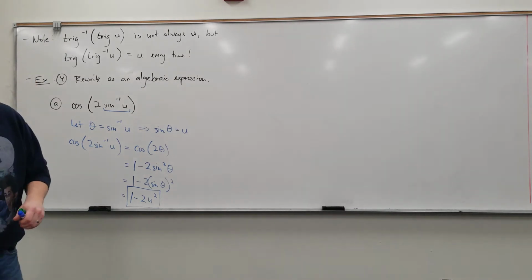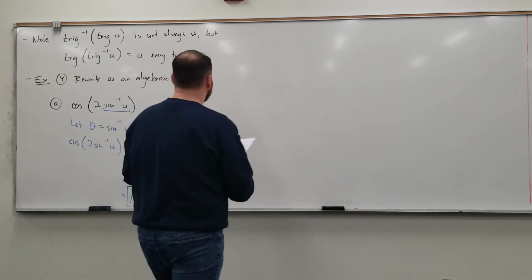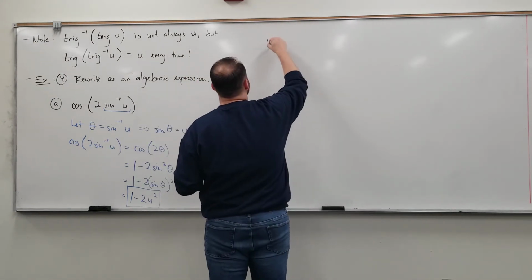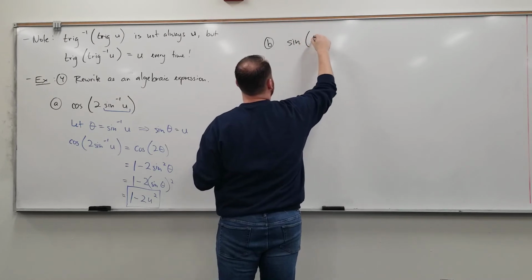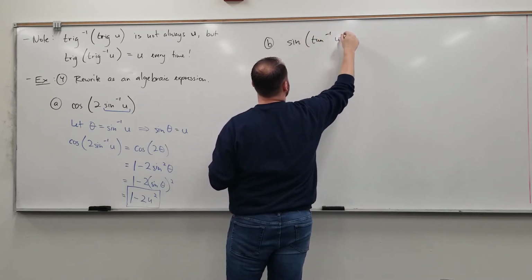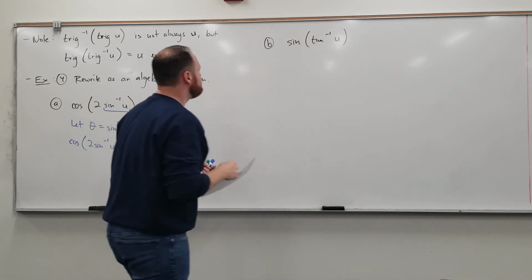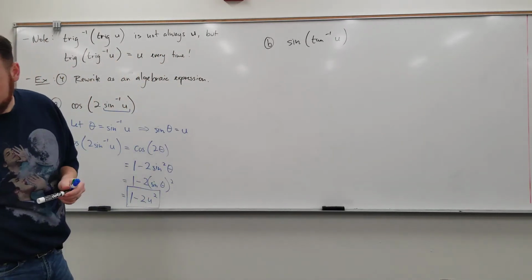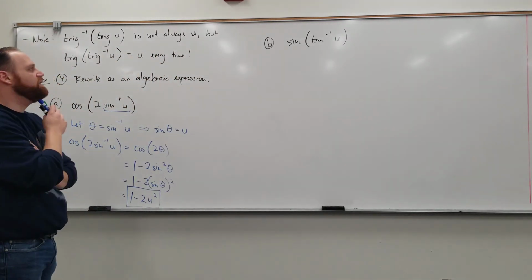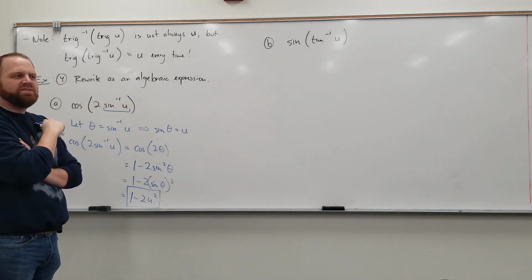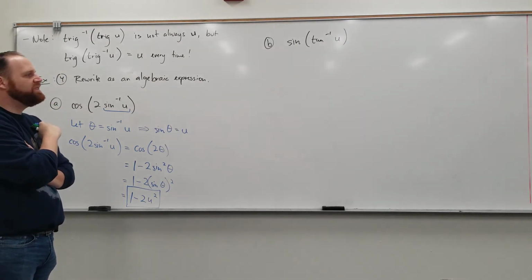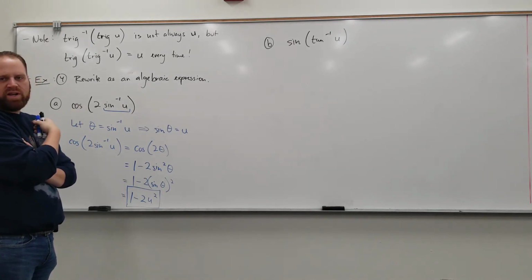Let me give you another example of that. So let's do sine of tangent inverse of u. Same sort of idea. Pause the video, see if you can work it out on your own. I'm going to work it out now.